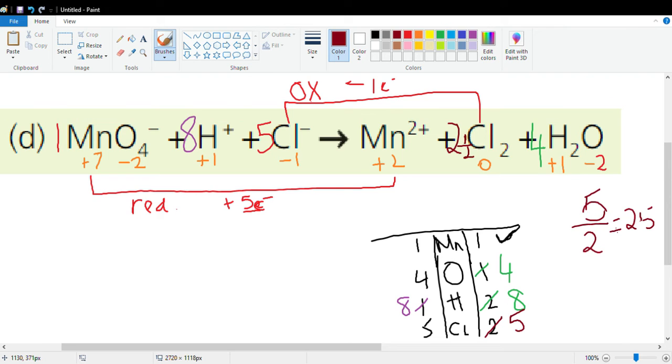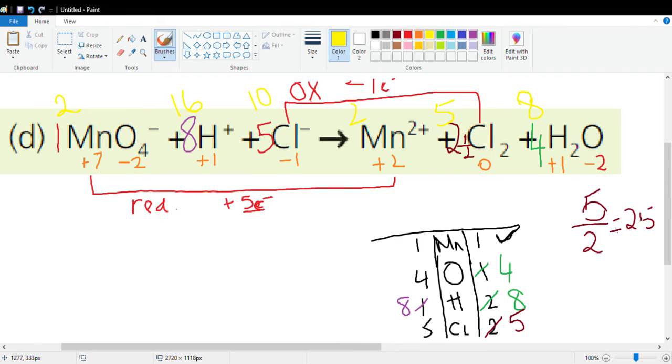You can then go one step further and multiply across the whole equation by 2 to get rid of that fraction. If you were to do that, you'd be getting a 2 in front there, 16, 10, 2, 5 and 8.